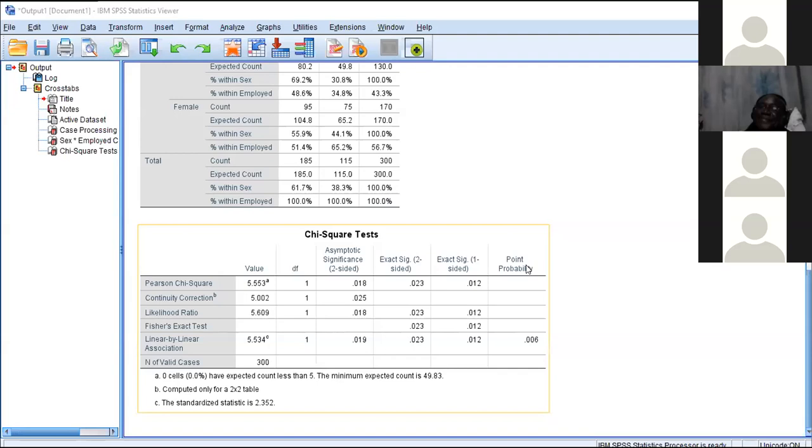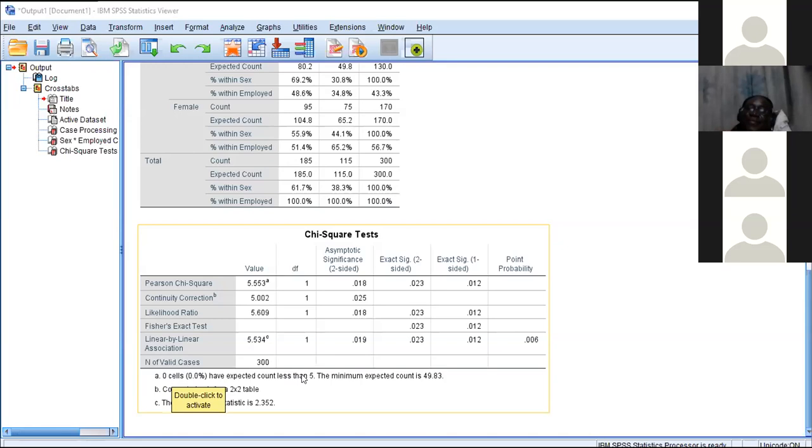And SPSS, the program, also has higher statisticians to advise them, and they are very intelligent. Look at what they did. Under this table, they tell you that 0 cells, 0%, have expected value less than 5. They count the number of cells and put the percentage of cells out of the total number. Here there is no cell, so of course 0% have expected value less than 5.